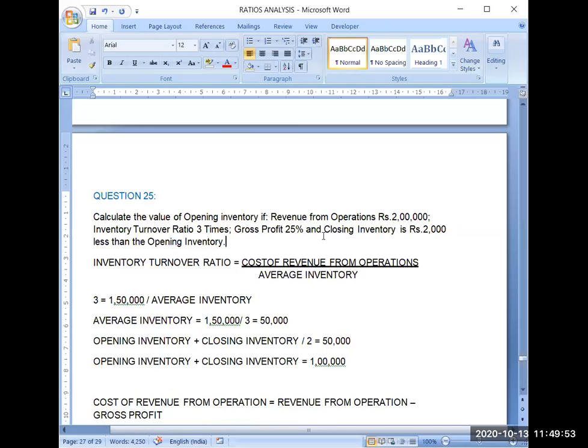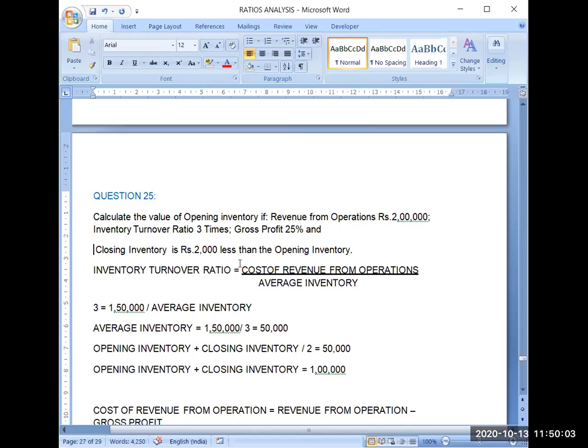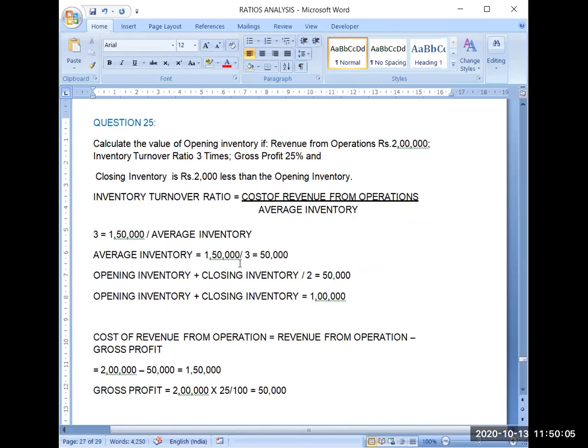Now one equation is given already here in the question. Closing inventory is rupees 2,000 less than the opening inventory. Whenever such a statement is given, I will separate it from the question. You just try to put it in equation form. So how I will be writing it in equation form? Let's see.